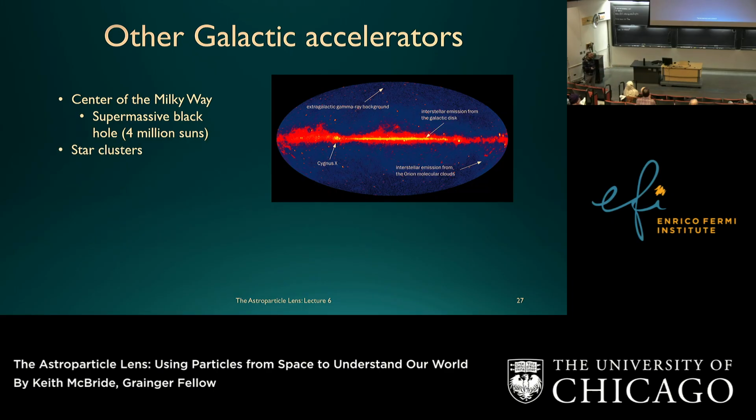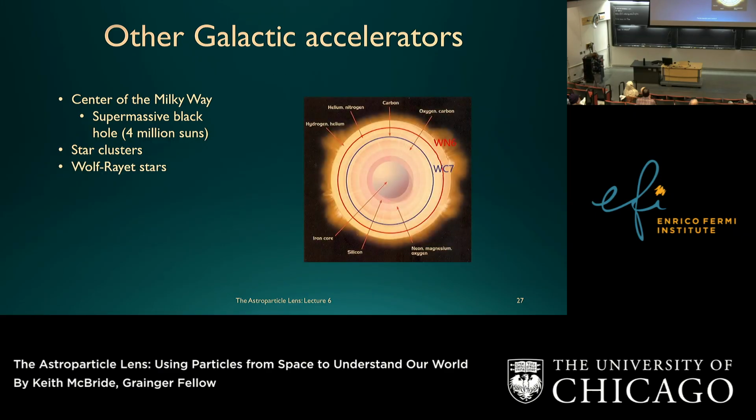We also think that there's these fancy areas in the Milky Way called stellar clusters. And inside of some of those stellar clusters, there's one kind of astrophysical object I want to highlight called a Wolf-Rayet star. And Wolf-Rayet stars have very strong winds.